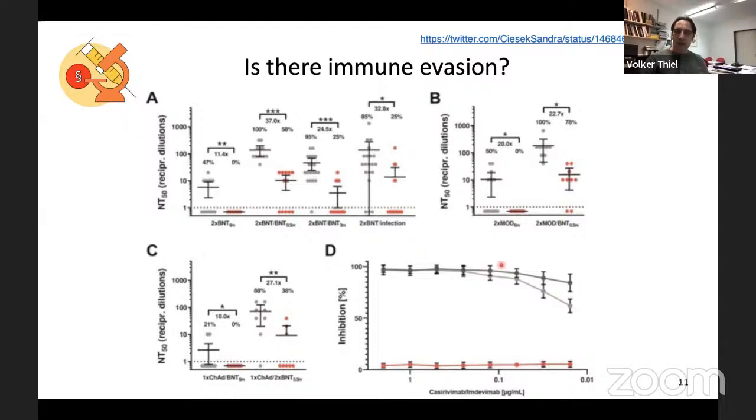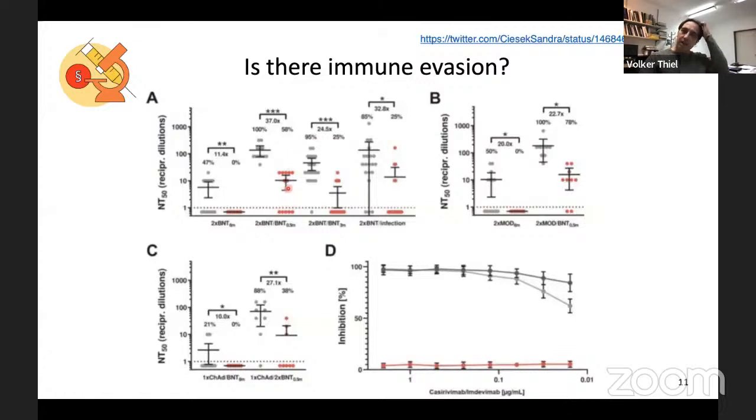I don't want to go into that, but essentially we see the same kind of data. So we also have here 37 times reduction, for instance, in double vaccinated and boosted, and they start also with a high level, and there is still something left to neutralize.